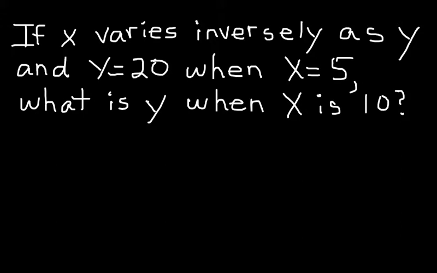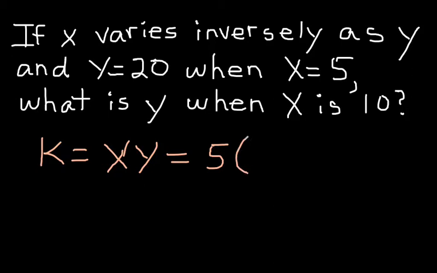Well, the first thing we're going to need to do here is find our constant of variation, our k. We compute the constant of variation by the definition, which is a constant product, x times y. In this case x is 5, y is 20, and 5 times 20 equals 100. Therefore, k, or our constant of variation, is 100.